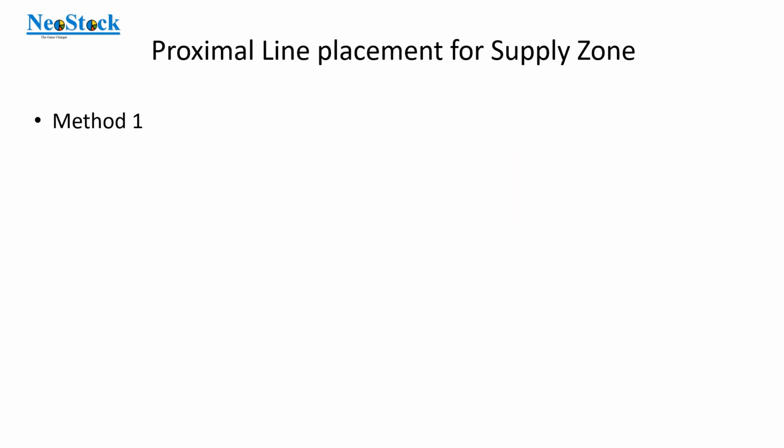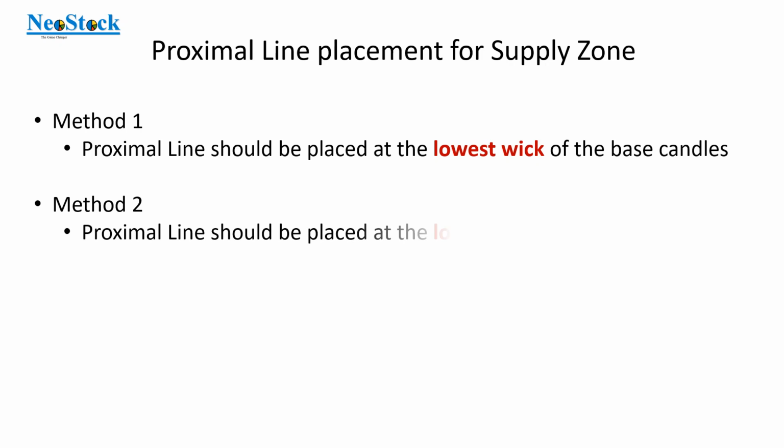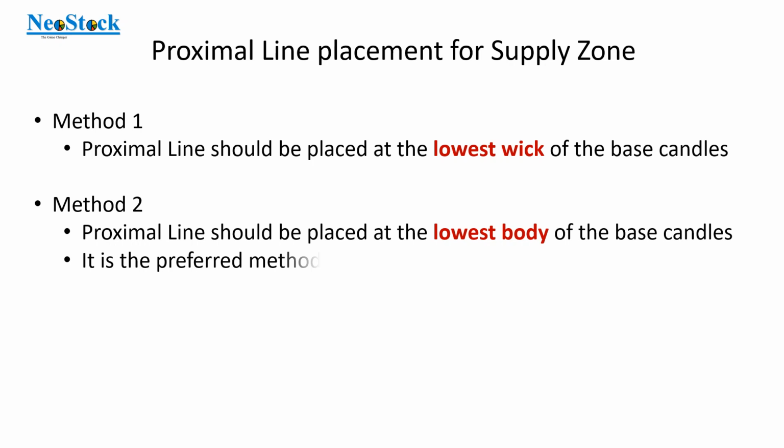Method 1 says the proximal line should be placed at the lowest wick of the base candles. Method 2 says the proximal line should be placed at the lowest body of the base candles, and it is the preferred, or recommended, method.